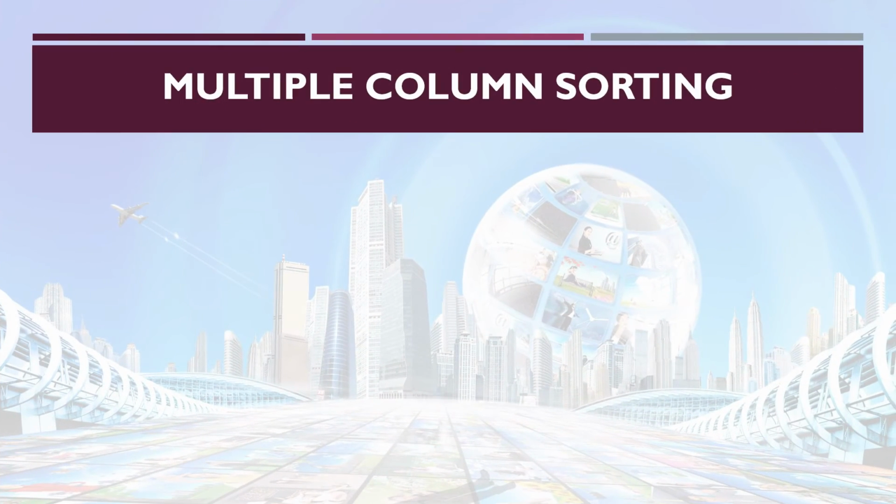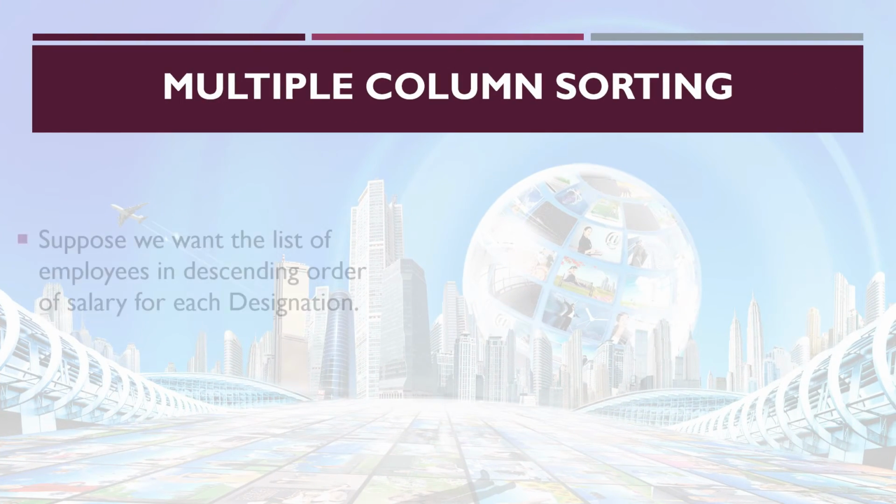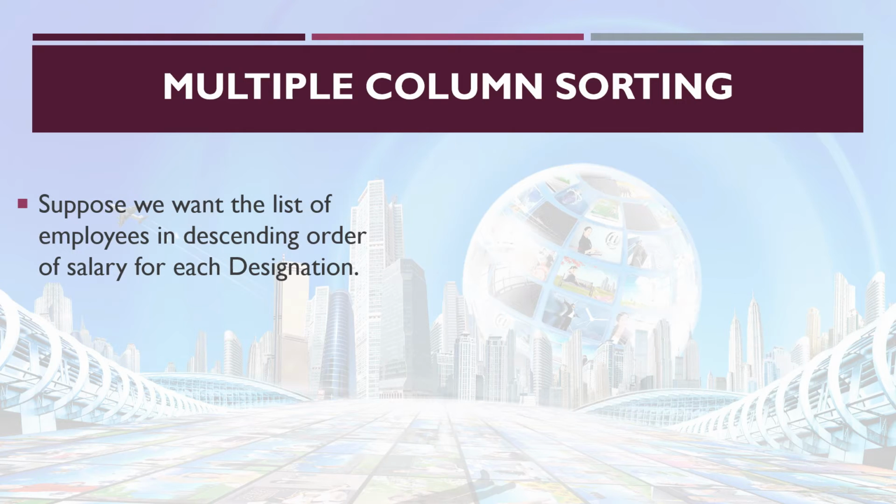The next is multiple columns sorting. In the previous example, we saw only one column, that is, salary alone we sorted, and the remaining values got arranged accordingly. But here we are going to sort two columns, the designation column and the salary column.